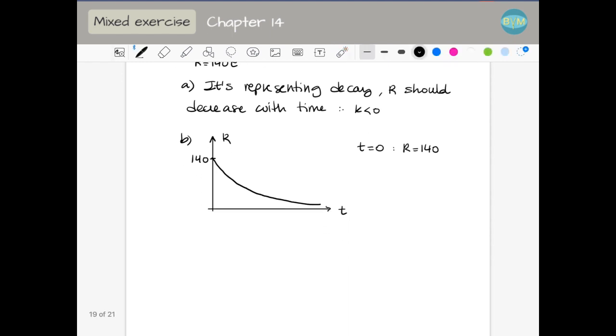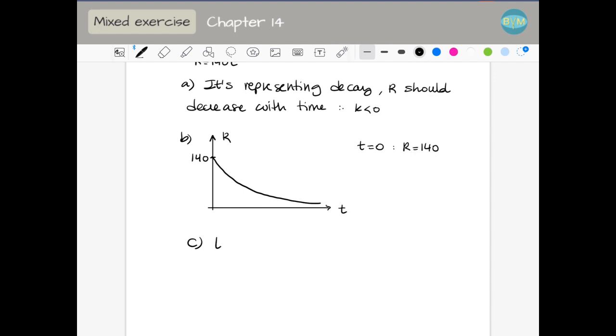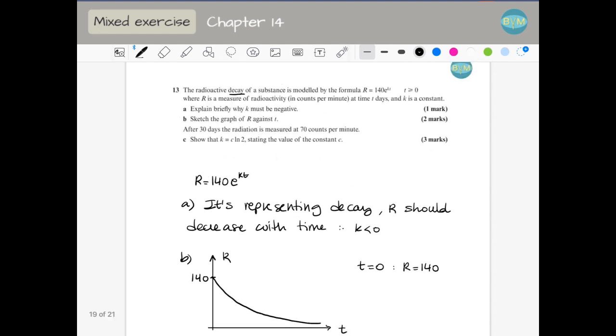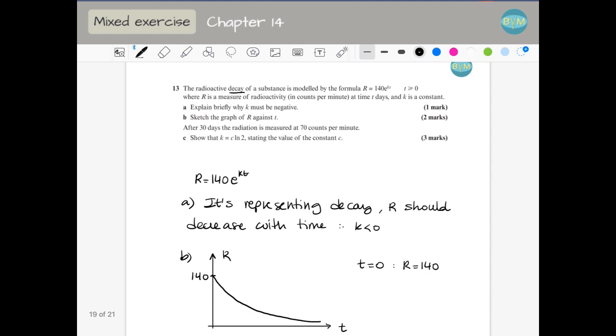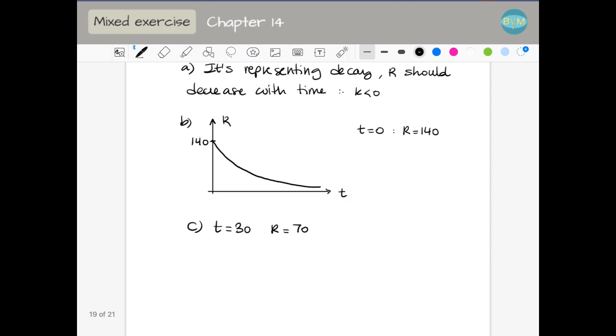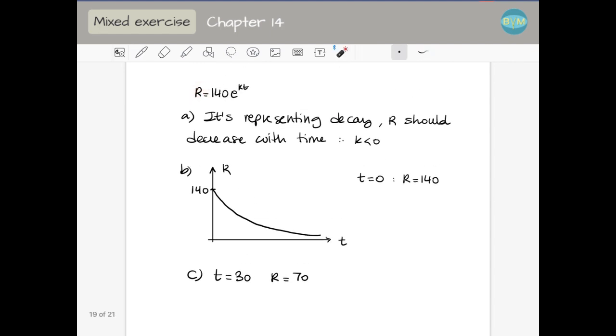So we are going to substitute in our formula when t is 30 days, R is 70. So I have 70 is equal to 140 times e to the power of k times 30. So I'm going to write the 30 at the front, 30k, yeah?